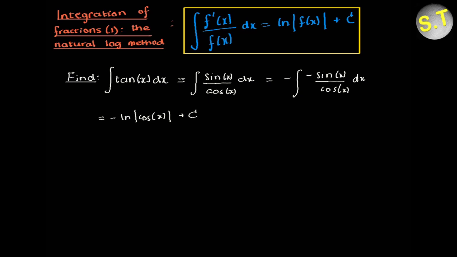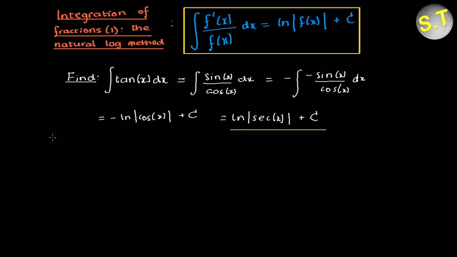And again, by using our trigonometry and the rules of logs, since 1 over cosine is equal to the secant of x, this can also be written as the natural log of the secant of x. So by using the natural log method, tan of x became a lot easier to handle.